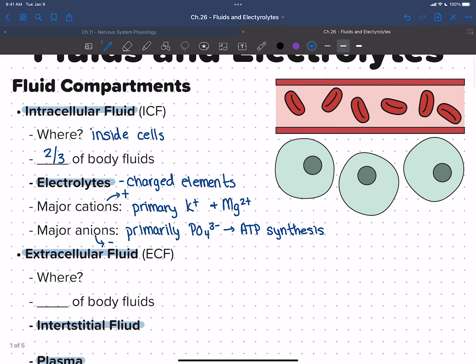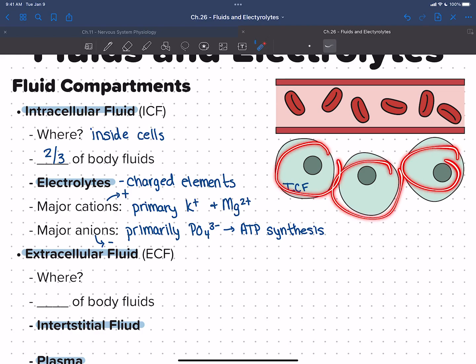Now, let's talk about extracellular fluid. And so I'm going to label on this picture over here to the right. Our intracellular fluid obviously would be inside of our cells in here, all right? So these are our cells, and we also have some red blood cells. We'll talk about this little blood vessel in a little bit.